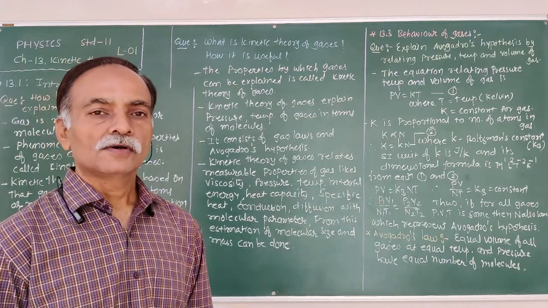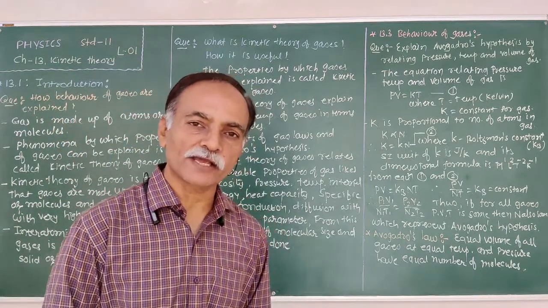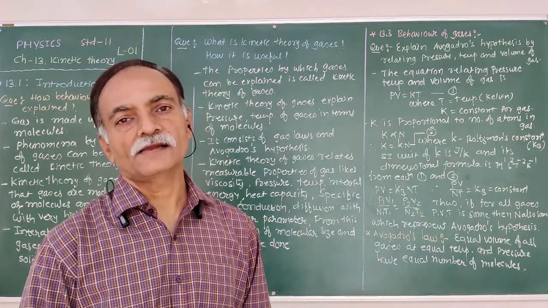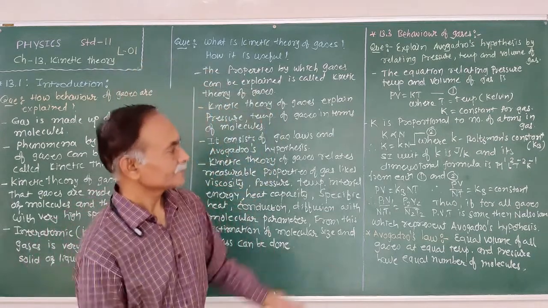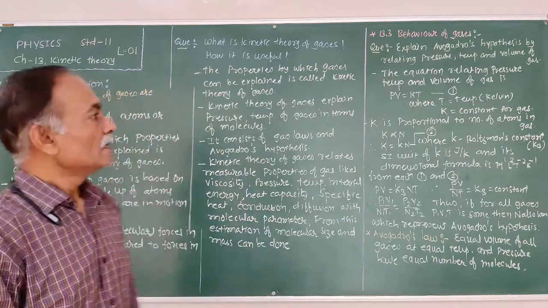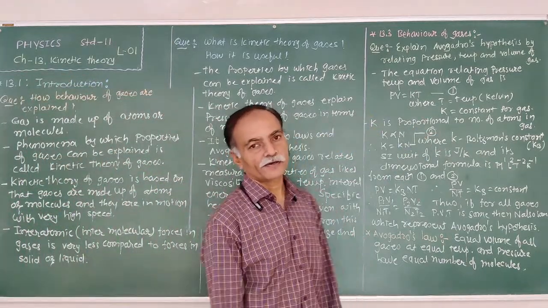So for all the gases, the number of molecules is the same when these gases are at equal pressure, temperature, and volume. So this type of explanation can be done by Avogadro.